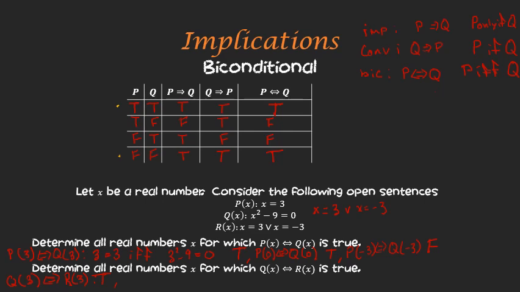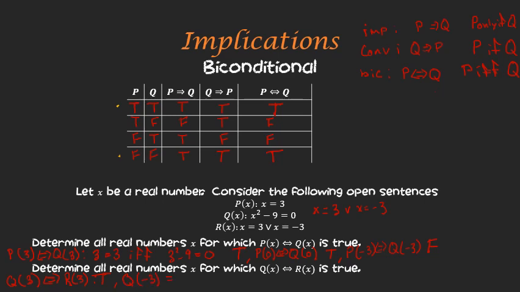And remember, negative 3 was the problem last time, but this way, you see how we included more things in our condition in R of x, right? We did not just x equals 3, but also or x equals negative 3. And so let's see what happens when we evaluate this at negative 3.